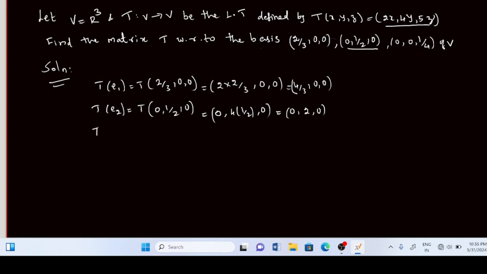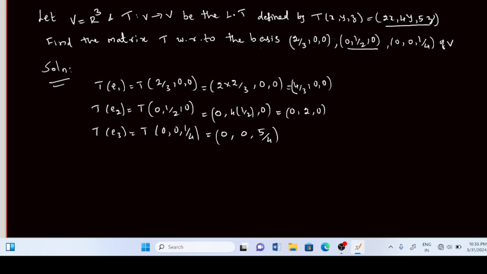So T(E3) is T(0, 0, 1/4). This value we substitute in the given function (2x, 4y, 5z). If we substitute x equal to 0, we get 0; y is 0, so 4y becomes 0; 5z with z equal to 1/4 gives (0, 0, 5/4).